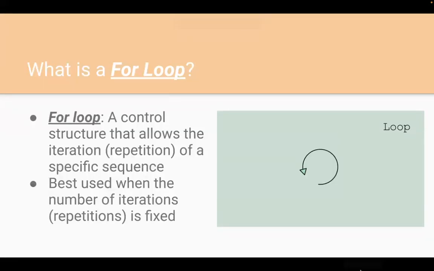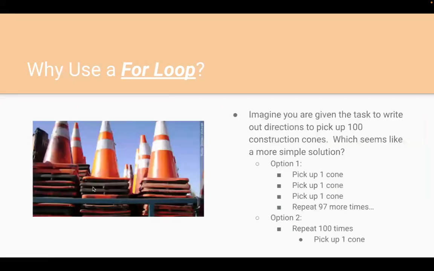Let's continue. So you only use for loops when you know how many times you want the loop to occur, right? So here's an example. Imagine you're given the task to write out directions to someone to pick up 100 construction cones. That seems like a simple task to give to someone, right?